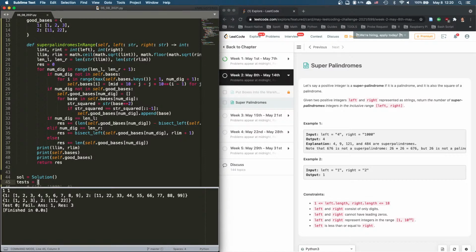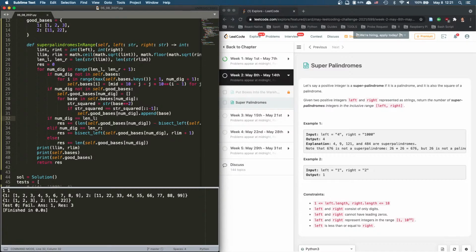Yes, we are not considering that. Okay, so if they're the same, because len left is definitely, hold a sec. Because we are doing this num digit 1 by 1, and for each one we compute the result.